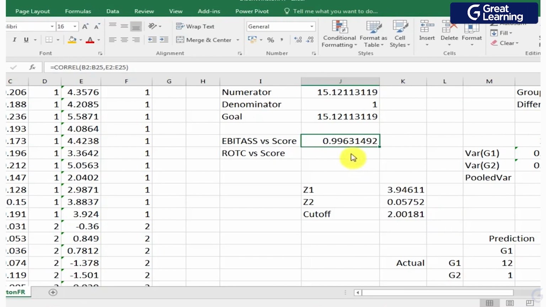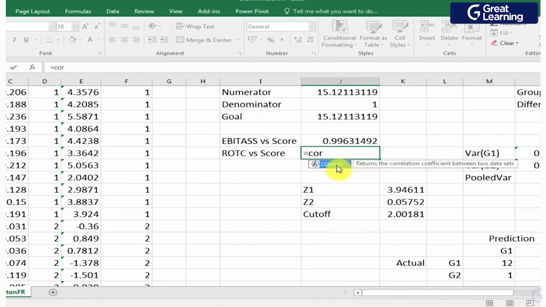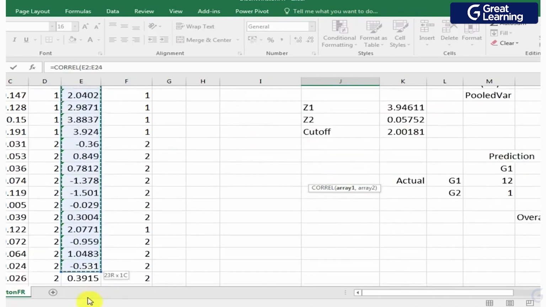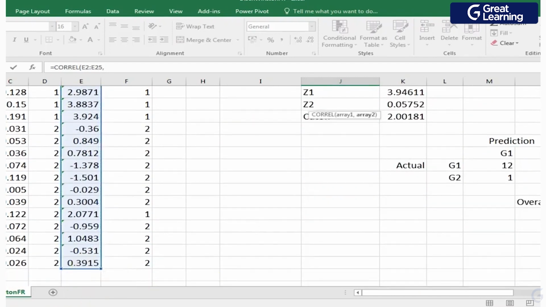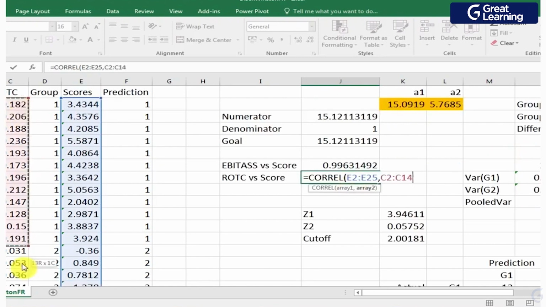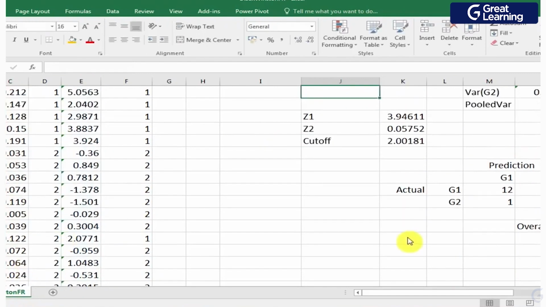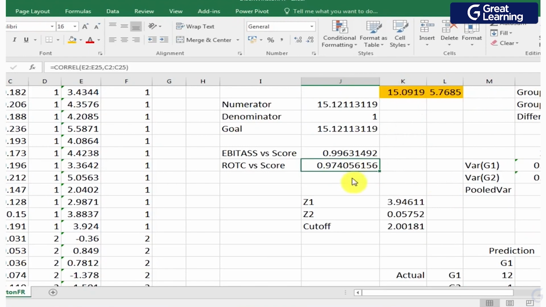The correlation between the discriminant score and EBITDAs is nothing but the correlation between discriminant function and EBITDAs, because discriminant function is evaluated as the score. Now we find out the correlation between discriminant score and ROTC. (97, 94). Almost they are very close.